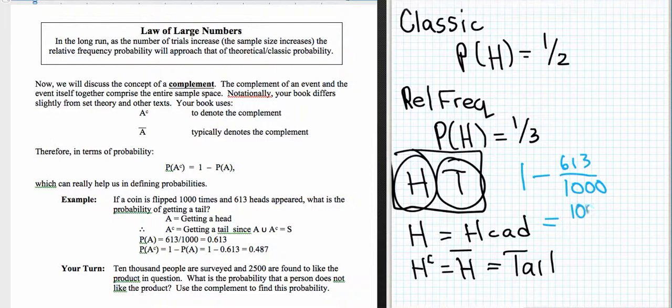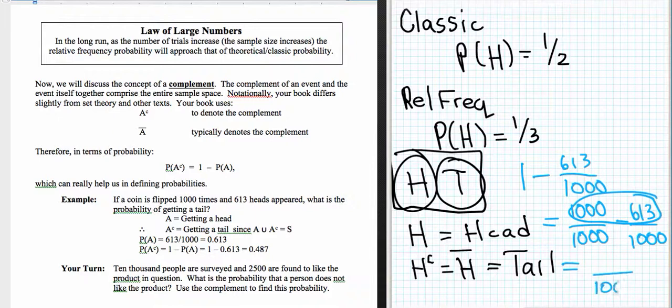Which is to say I have 1, which is represented by 1,000 1,000ths, minus 613 1,000ths. And the way you do fractions, remember, is you subtract the numerators and you put them over the common denominator. And when you look at that subtraction of numerators, isn't that exactly what you expect to do when you're finding how many tails you're going to get?